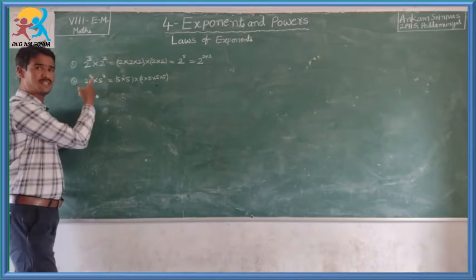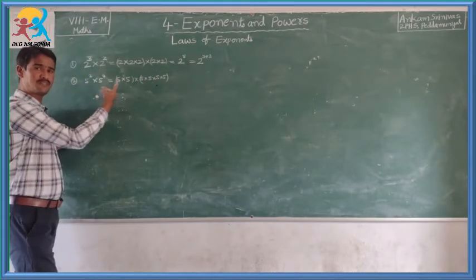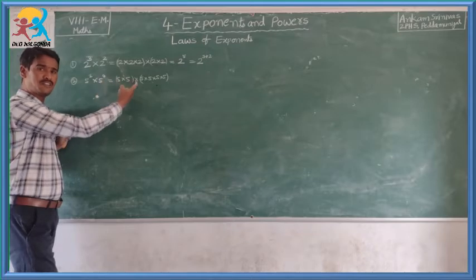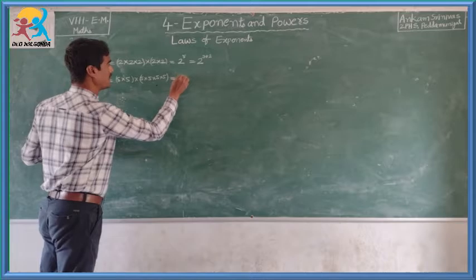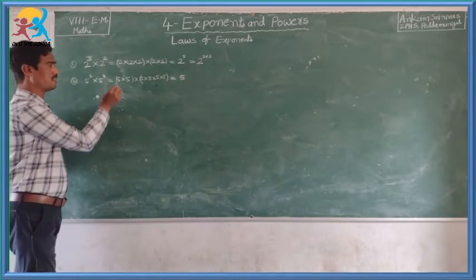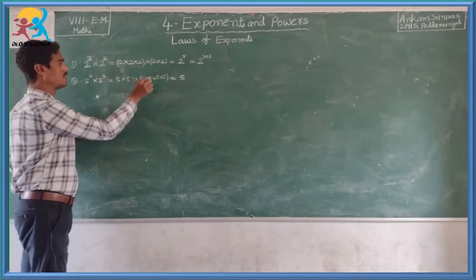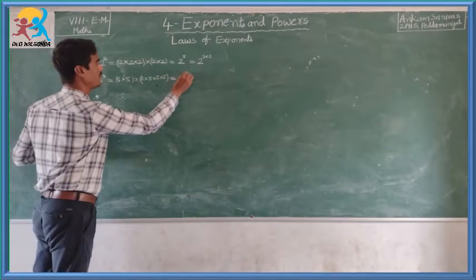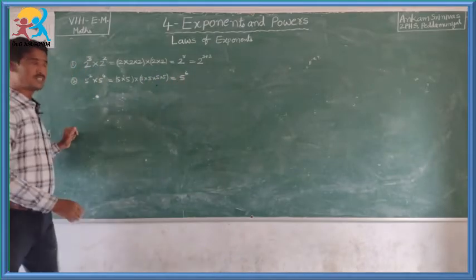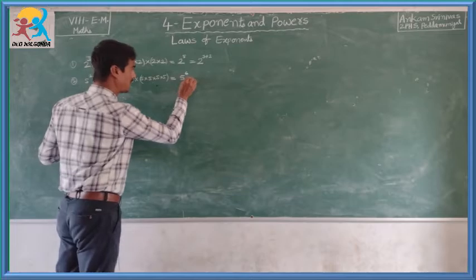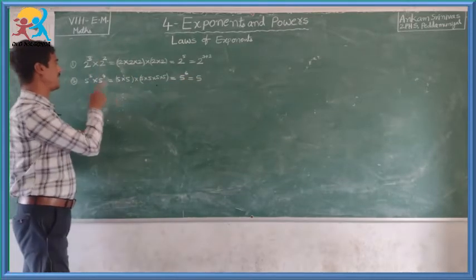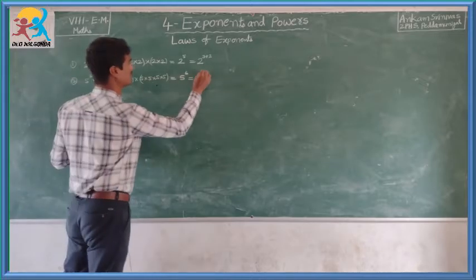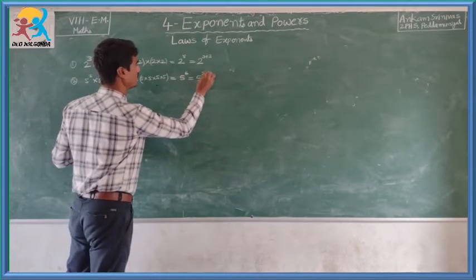So in total this can be written as 5 raised to the power of 1, 2, 3, 4, 5, 6. 5 power 6. So I am going to write the exponent 6 as 2 plus 4.